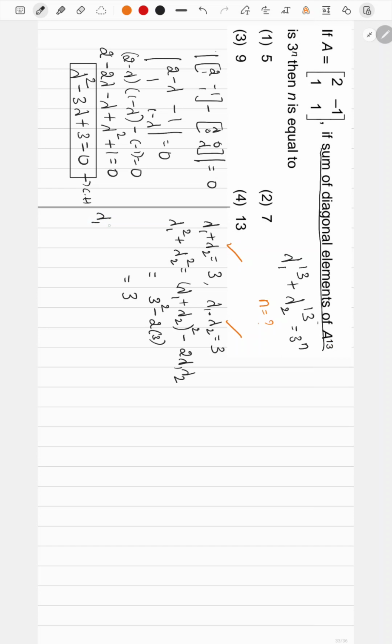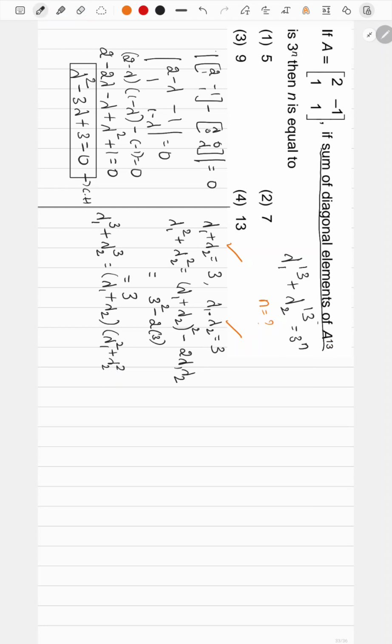Now we will try to find lambda 1 whole cube plus lambda 2 whole cube. The formula is (lambda 1 plus lambda 2) into (lambda 1 square plus lambda 2 square minus lambda 1 lambda 2). This is the formula.